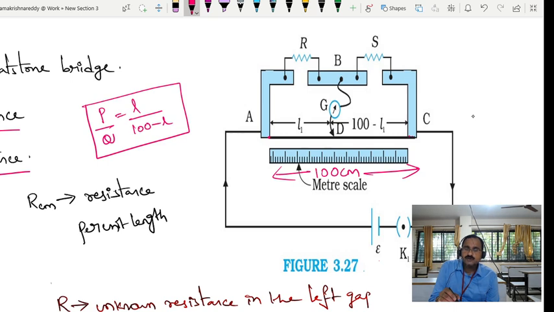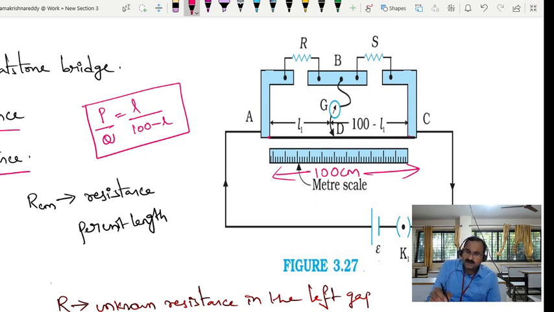Next, two thick metallic strips, nothing but two thick copper strips, are bent into an L shape like this. Between them we place another copper strip, so that two gaps are formed. In the two gaps we connect the two resistances. In the left gap is the unknown resistance R, and S is the known resistance we connected here.